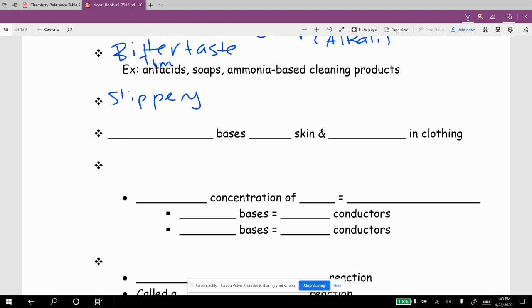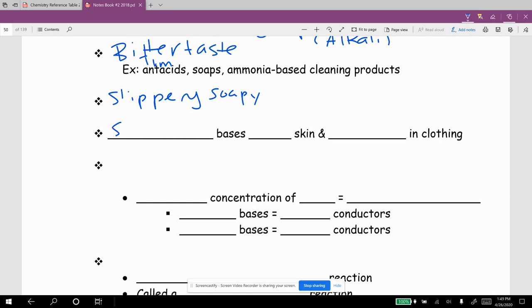Bases feel slippery and have a soapy feeling. Even if you take some baking soda and water and get that on your skin, it feels kind of slippery, like you have a soapy film on your skin. So that's a general characteristic of bases.